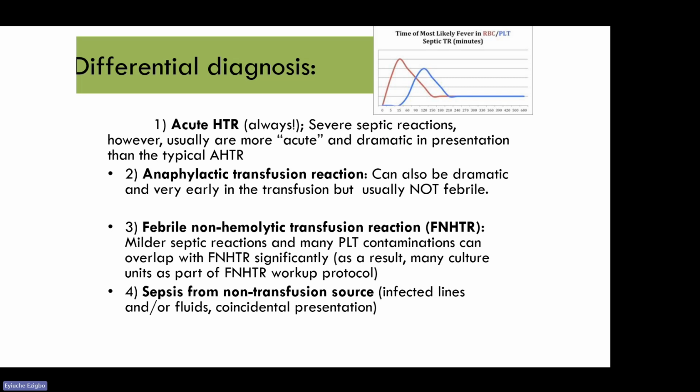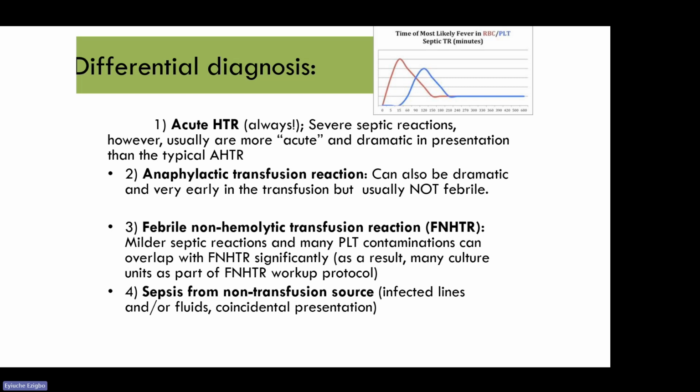All these have fever: febrile non-hemolytic transfusion reaction, and sepsis from non-transfusion sources. So you need to look in detail to be able to differentiate the fever due to one or the other of these somewhat similar presentations, but with very subtle differences amongst them.